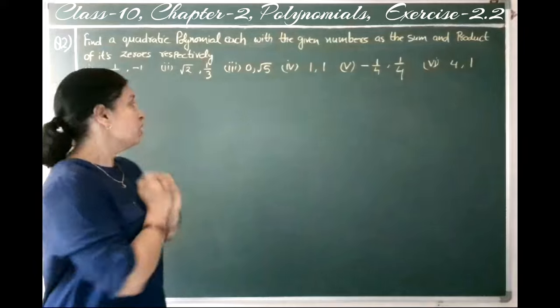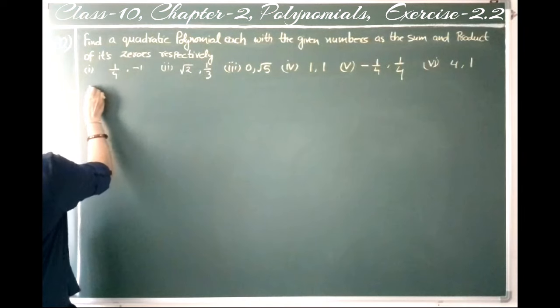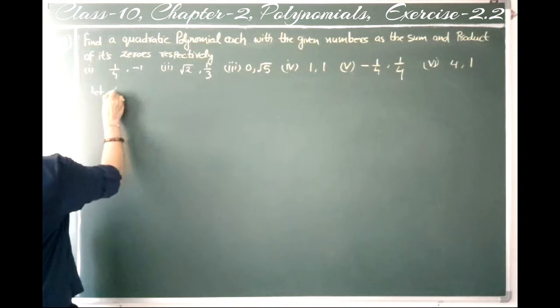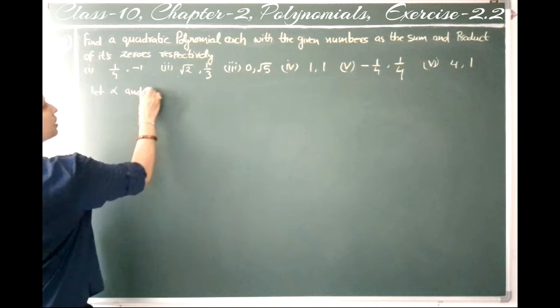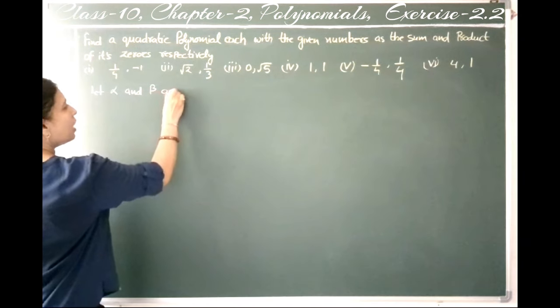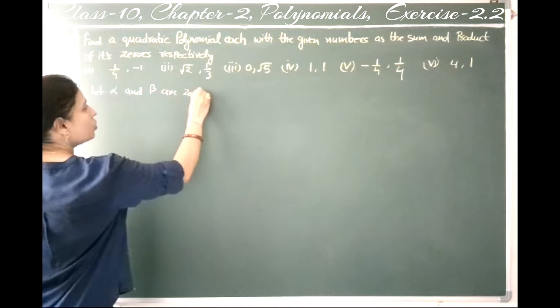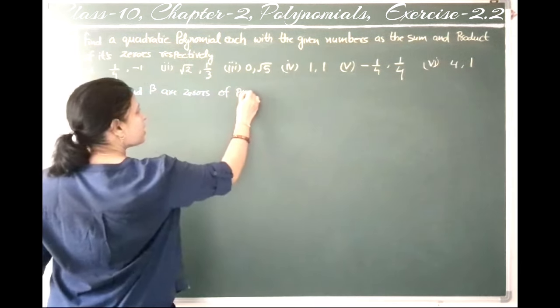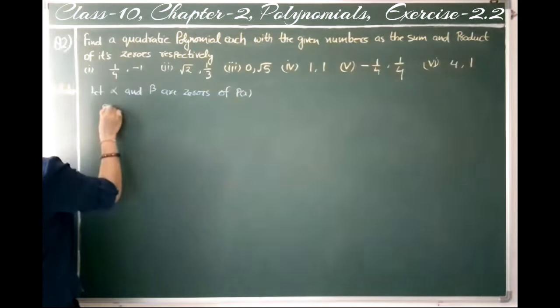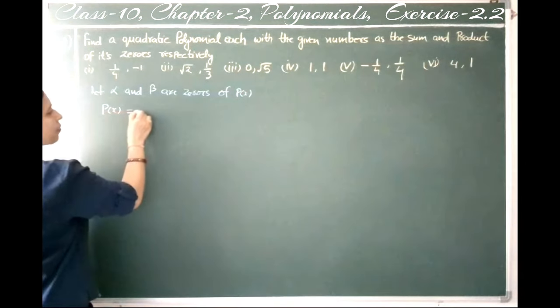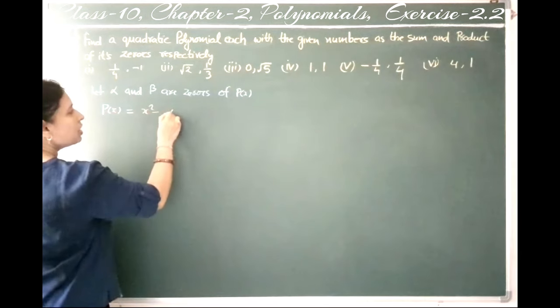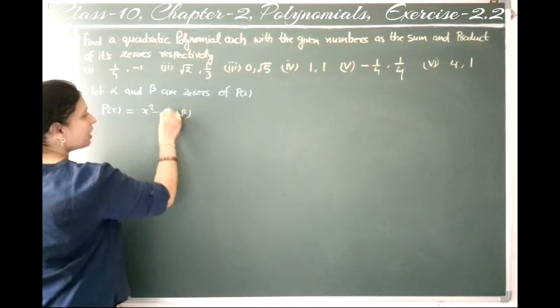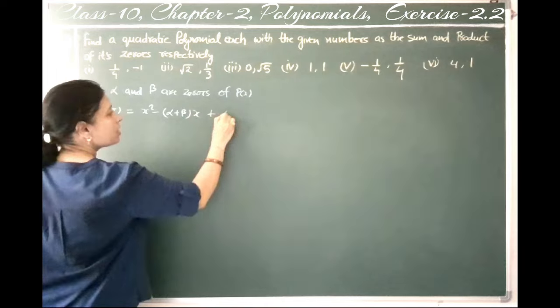given as root 5. So first we have to write, let alpha and beta be zeros of p(x). p(x) is a quadratic polynomial. Then p(x) = x² - (alpha + beta)x + alpha beta.